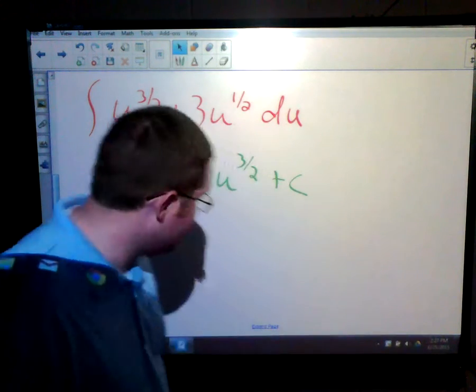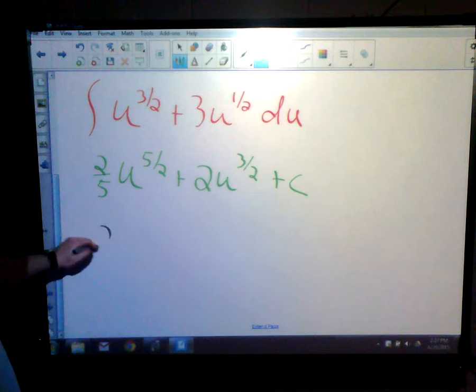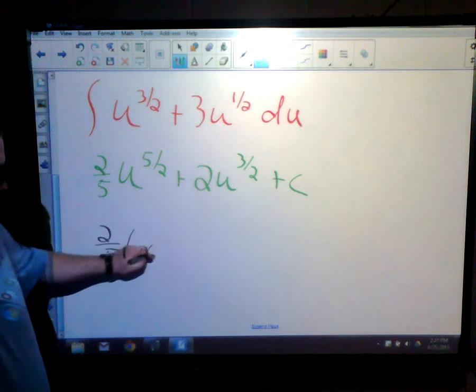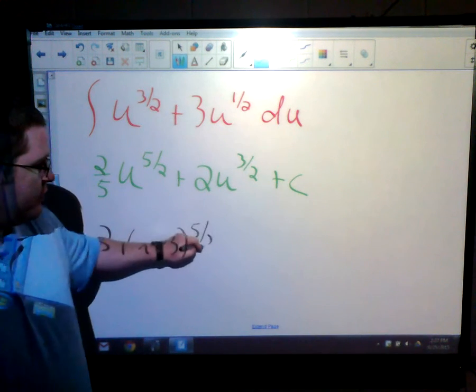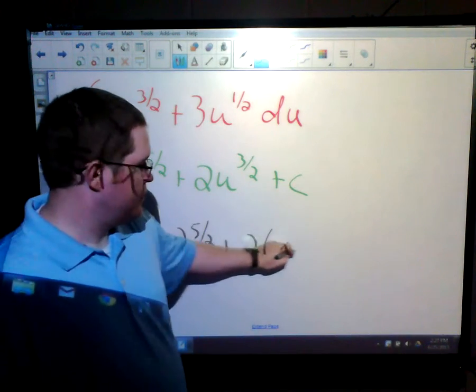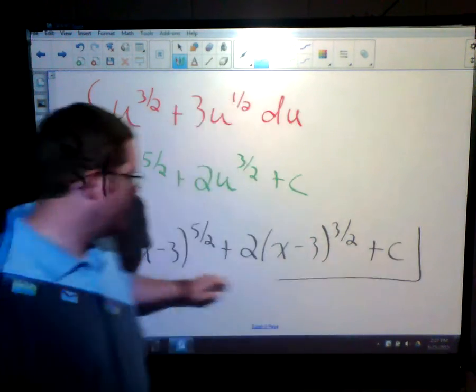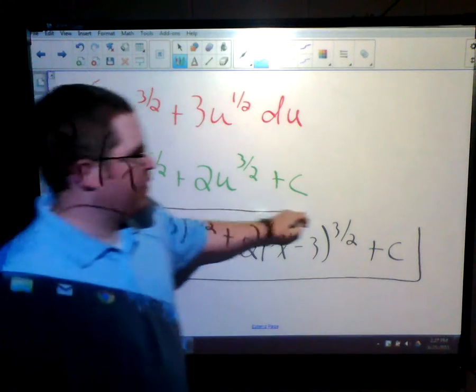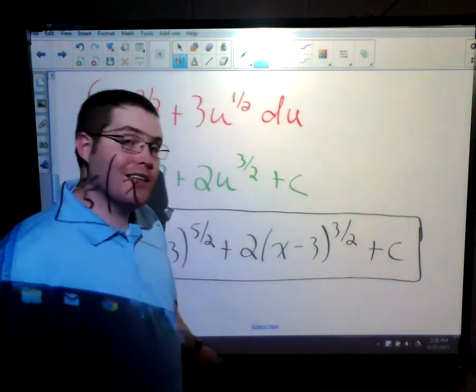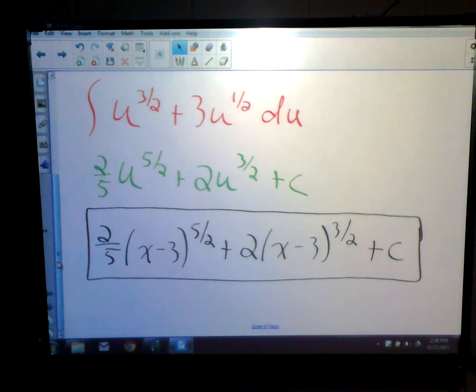As always, don't ever leave the problem like that. Replace it: 2/5 (x minus 3) to the 5/2 plus 2 (x minus 3) to the 3/2 plus c. X replacement problem, because I had an extra x in the problem that I couldn't get rid of.